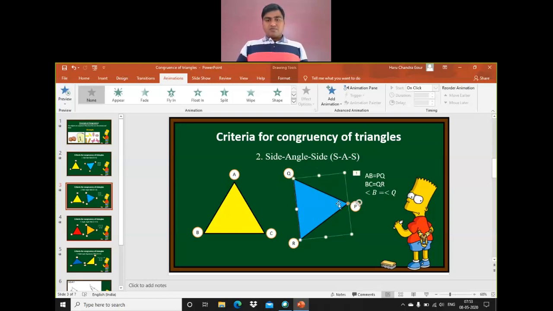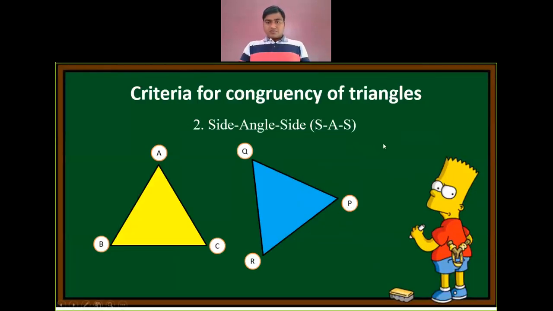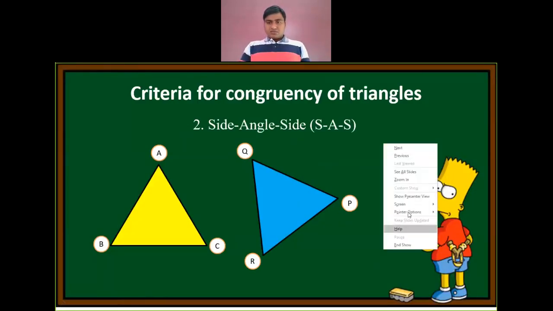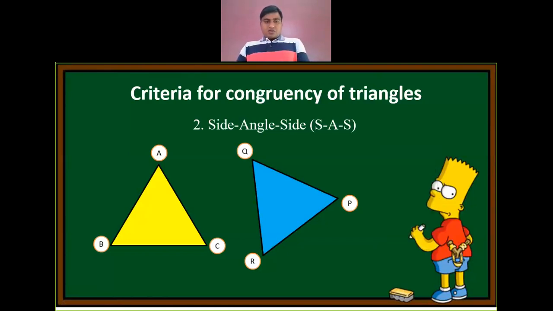In the triangles, side AB equals side PQ, side BC equals side QR, and included angle B equals included angle Q. So we can say that the two triangles are congruent.